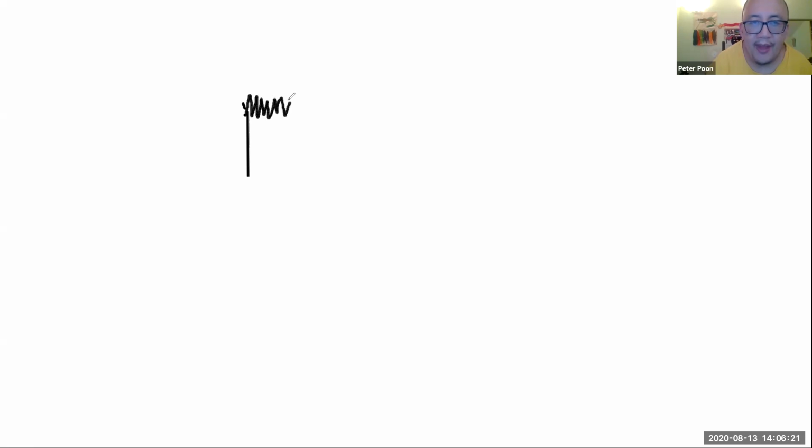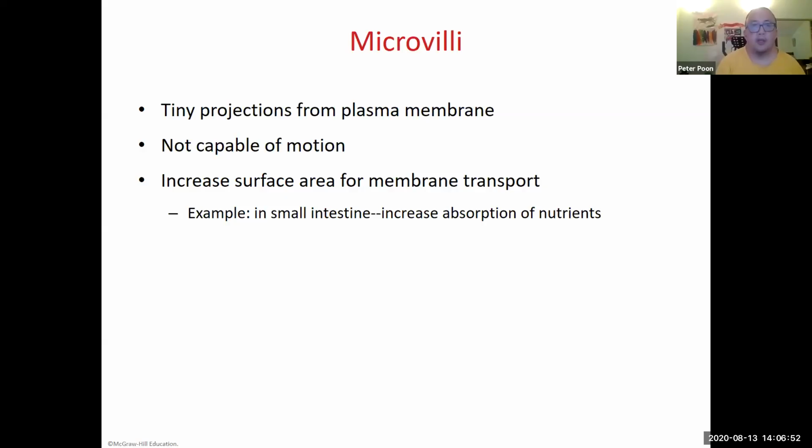So now I have thousands of these things, and now I've increased my surface area by many fold. And therefore I can absorb things much quicker, or I can release things much faster.